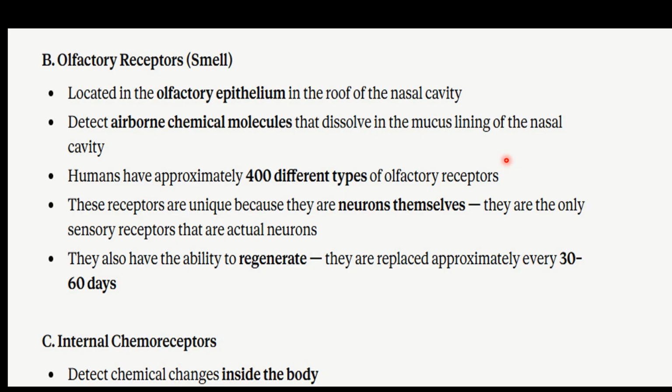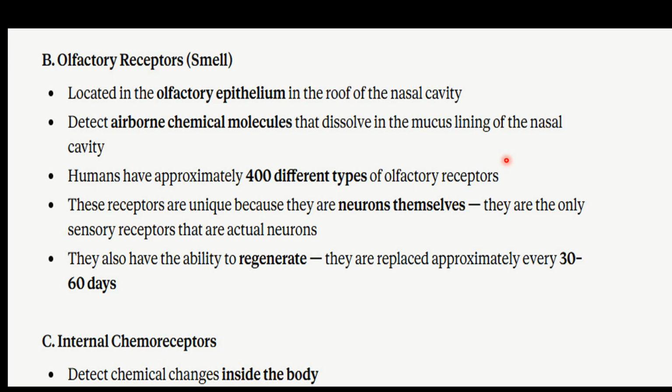This is a very interesting thing. Additionally, they also have the ability to regenerate. That means they are replaced approximately every 30 to 60 days. So after 30 to 60 days it automatically regenerates. I think this part is clear.